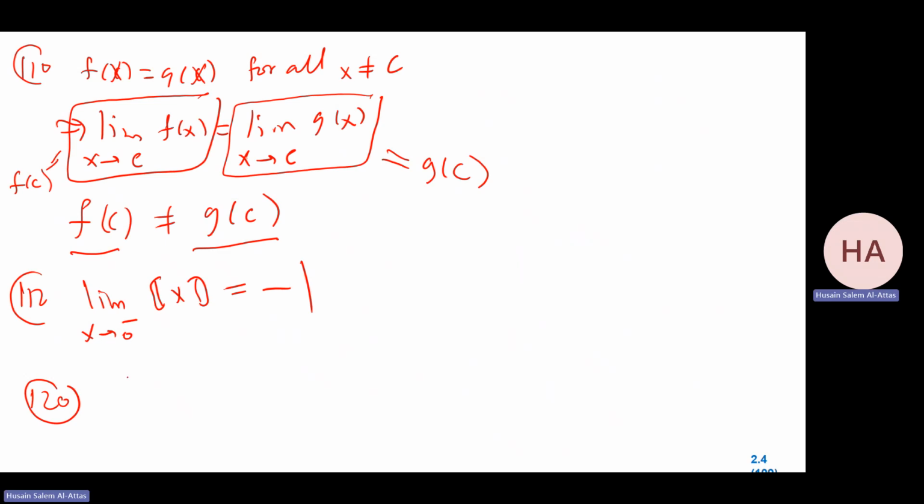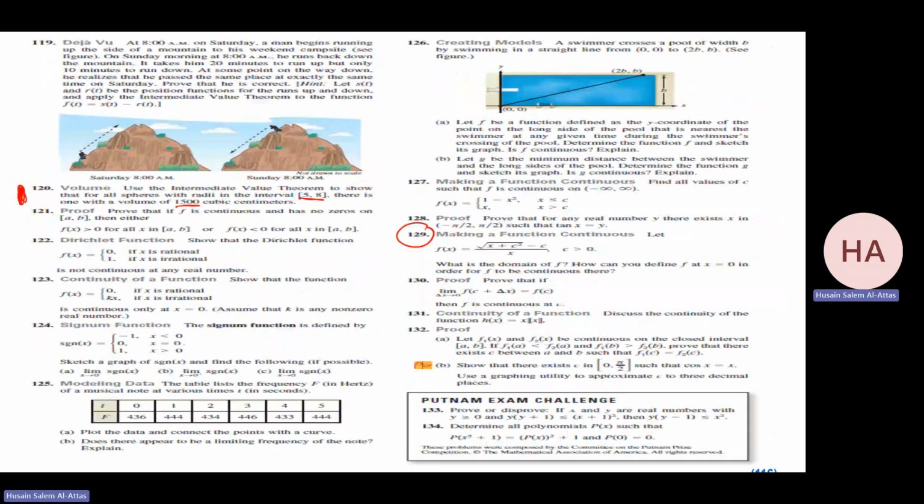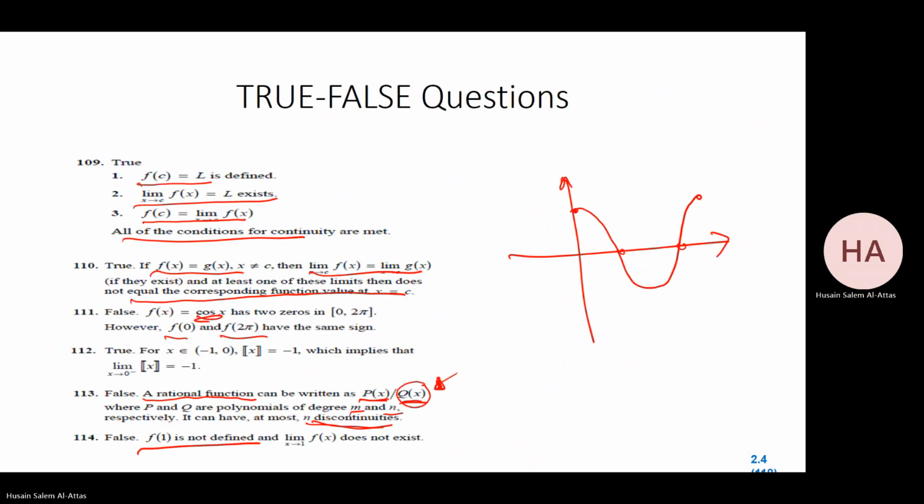He says, if you have a sphere with radii between 5 and 8, use the intermediate value theorem. For all spheres in the interval 5 to 8, there is one with a volume 1,500. He said there is one.